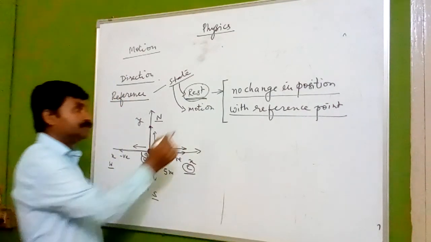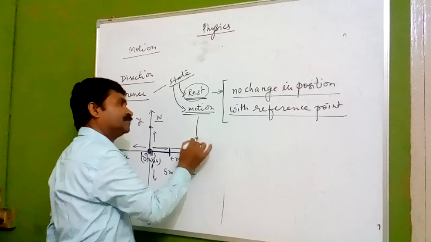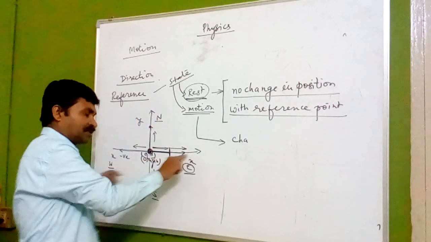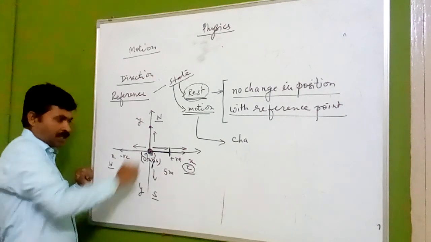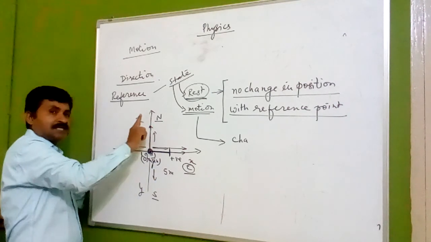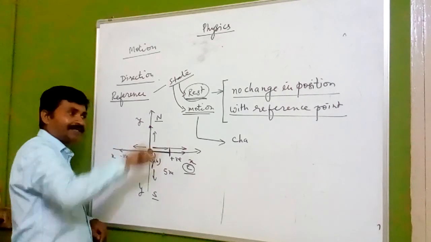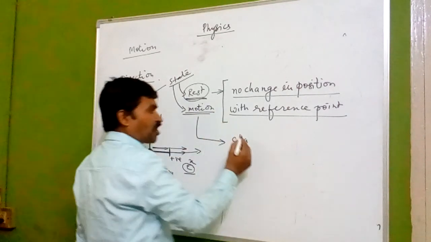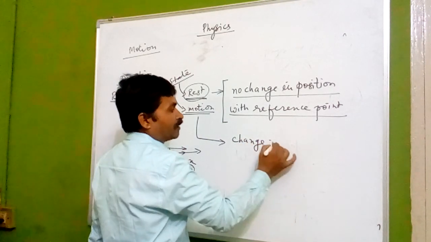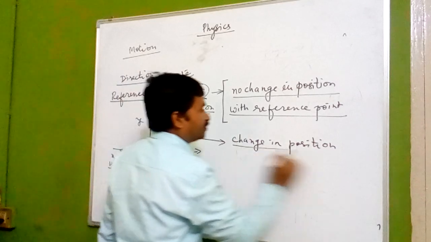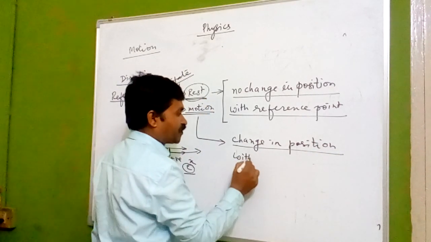Now if we go through motion, it is change in position. Now we are moving in this direction. It may be positive, it may be negative, it may be in this direction or that direction. We will put some arrow that we are moving towards this direction. So change in position with reference point.